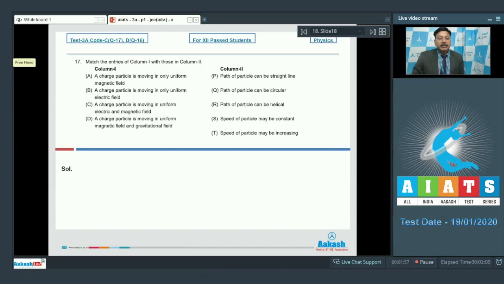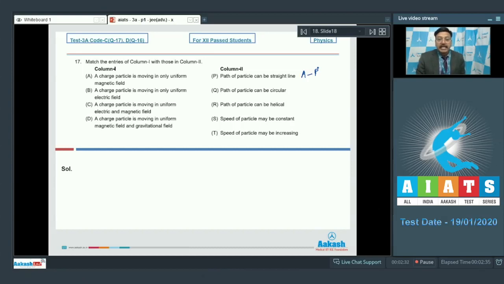We know that this statement is true because if the particle is moving parallel or anti-parallel to magnetic field, then the magnetic force is going to be 0, and in that case particle will be moving in a straight line with uniform velocity. So we can see that A matches with P. Then let's look at entry Q, whether it matches with A or not. So Q says path of particle can be circular.